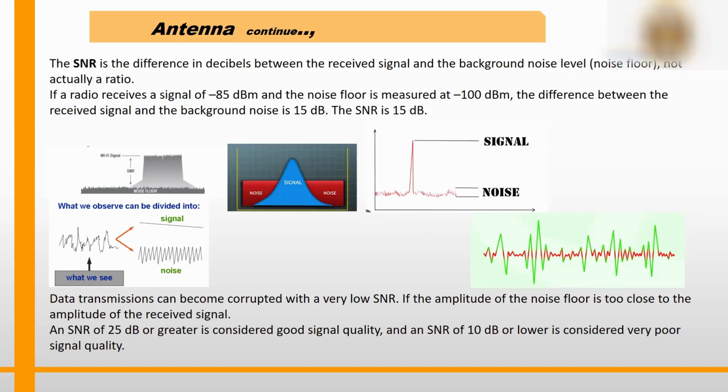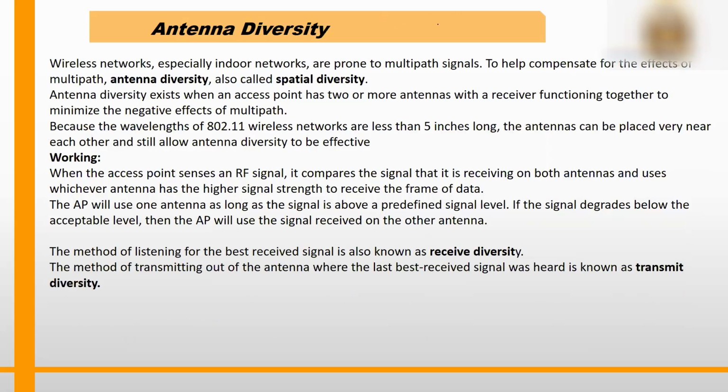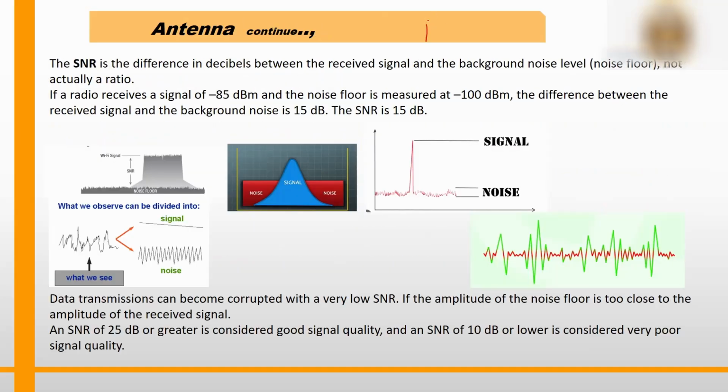So when you send a signal, the legitimate signal is also sent through the antenna. If the legitimate signal that you are sending is like minus 50 dB here, when it reaches this point, it is minus 70 dB. Maybe it goes a little bit further, then it is minus 120 dB.